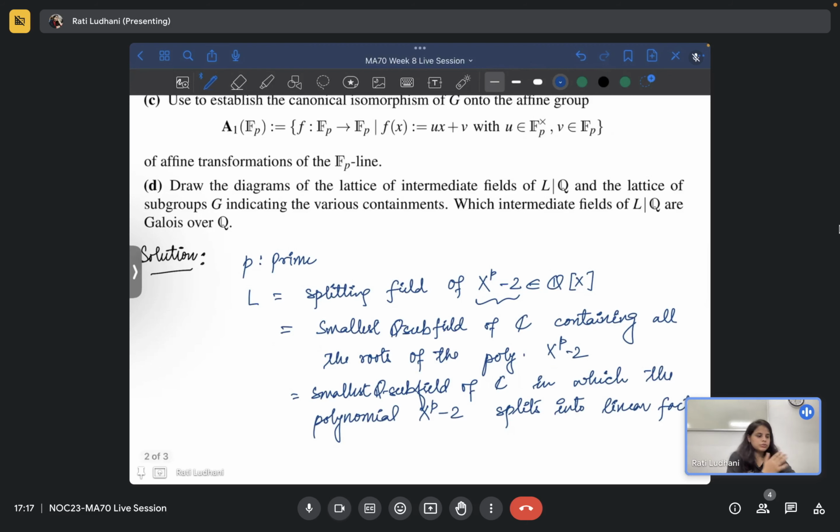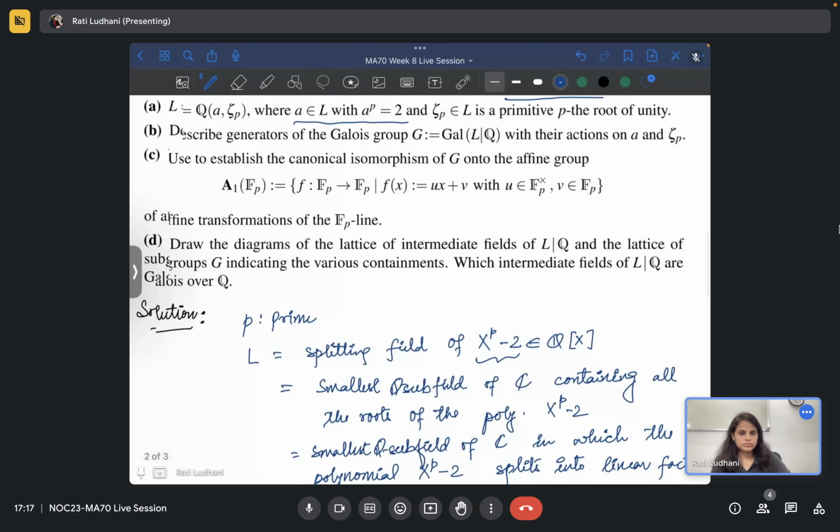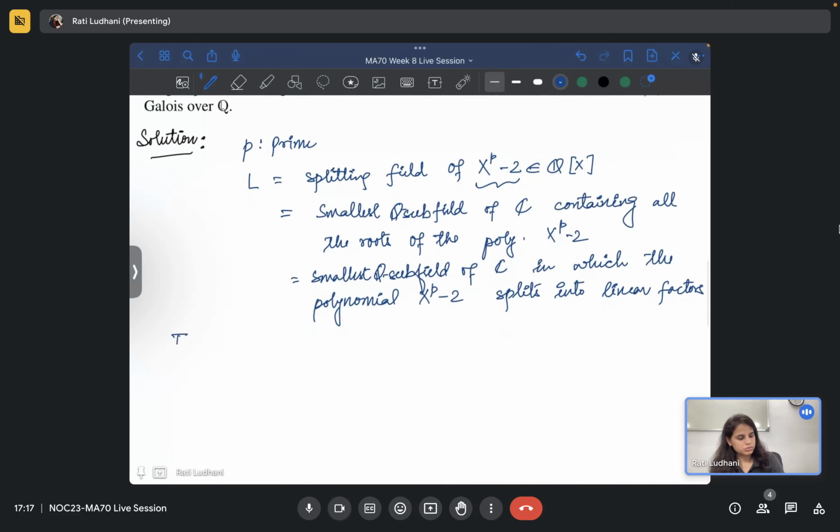Okay, so L is given to be this. Now we have to prove that L is exactly equal to Q(A, zeta P), where A belongs to L with A raised to power P equal to 2. So let's write it down.